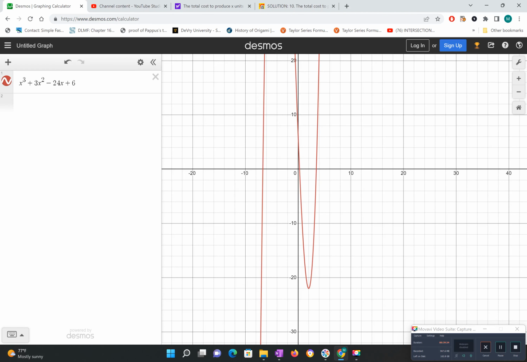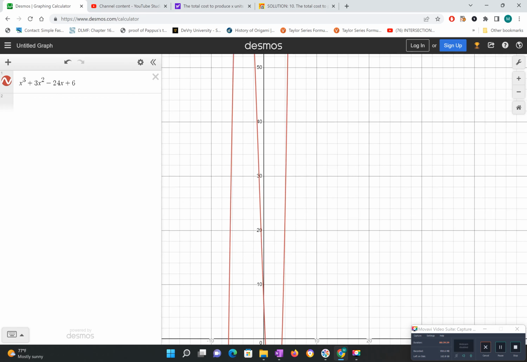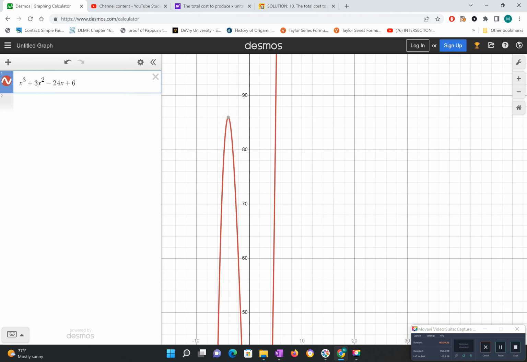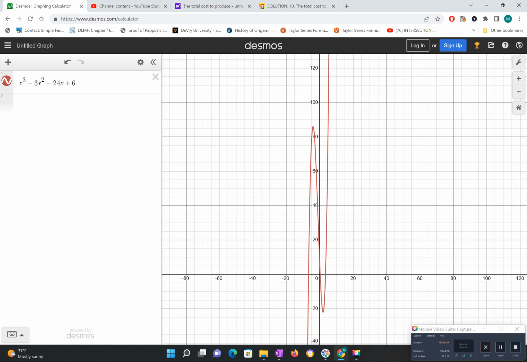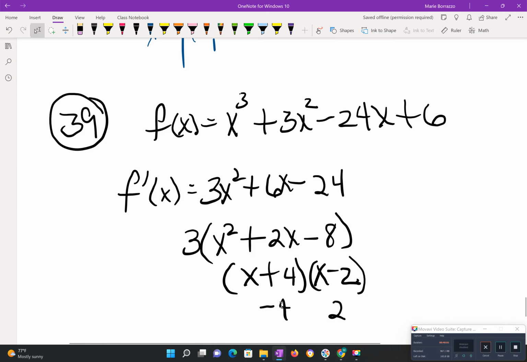All right, and so we're looking at the x values. There's your 2. And there's your -4. If I bring it down just a smidge, you can see both. So we're just looking at the x values, max and min. Local max at x is -4. And your local min is that x is 2. All right, so that's number 39.